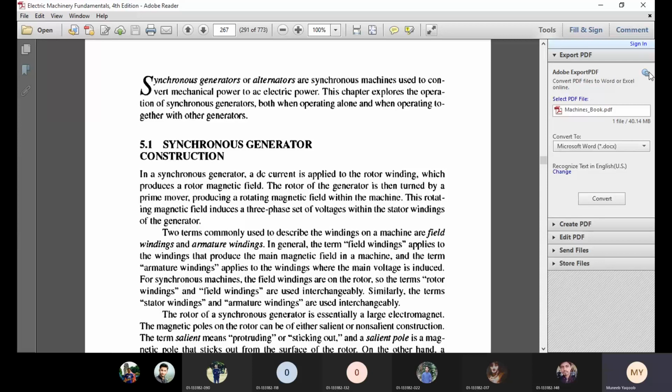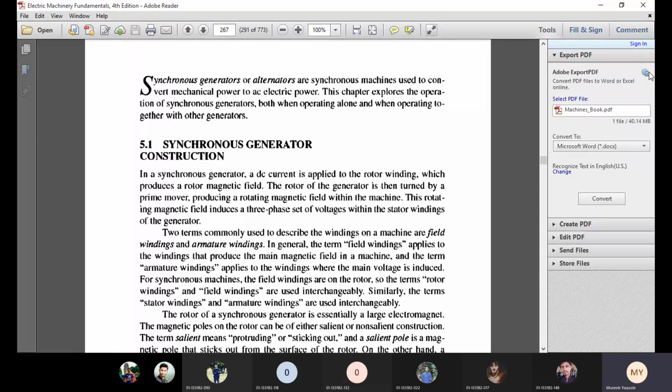What is production of electricity? It is basically generation of electric voltages. So due to the relative motion between this rotational magnetic field and the stationary winding of the stator, a three-phase set of voltages is induced at the three terminals of a three-phase synchronous generator, and hence we say that the generator has established the voltages.